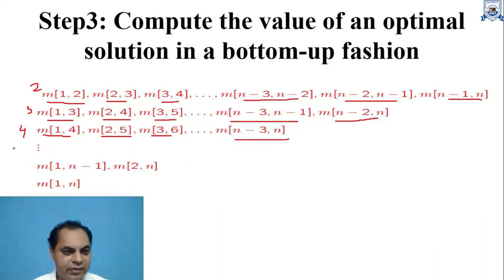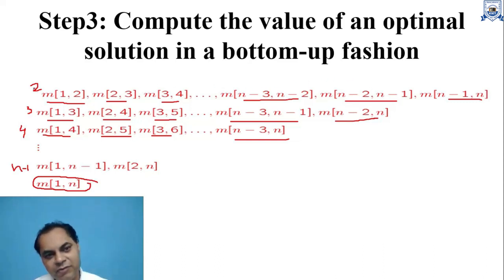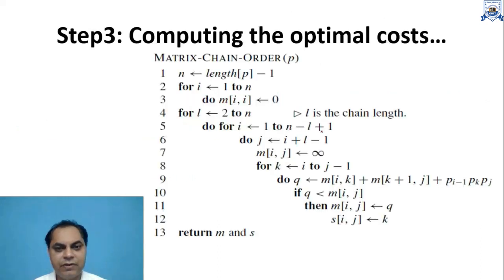Again we move forward in this way, and in the second last step we solve the problem for size n minus 1, for 1 to n minus 1 and then 2 to n, and at the last we solve the whole problem from 1 to n. That means we do it in bottom-up fashion. First of all, we solve the smallest problem, then gradually increase the size, and eventually we get the solution of our original problem. So this is the simple algorithm that is used for matrix chain multiplication order.